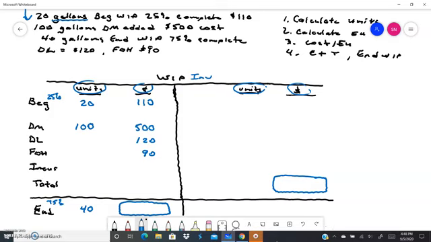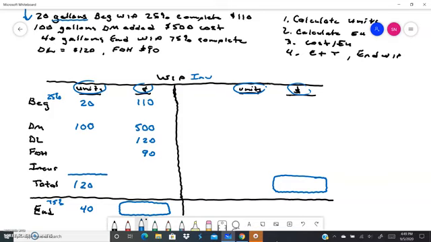So the first thing I would want to know is, what do I have? Where are my units? Okay, so let's start there. First of all, in terms of units, I've got 20 units at the beginning. I've added another 100, so I know right off the bat I have 120 units.